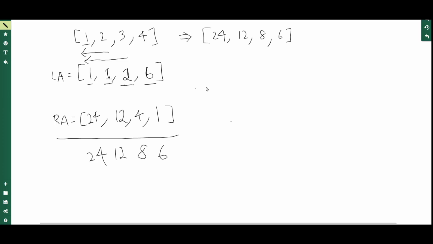And this is very efficient because notice how we're traversing this array from left to right once, and from right to left once. So it will be O(2n) for these two operations, plus the final one, which is multiplying them, so another n. And this is just equal to O(n), so we have an O(n) algorithm.